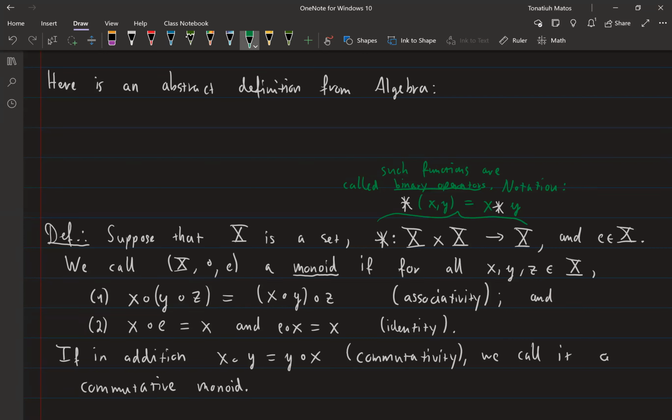I am also going to fix some fixed element E in X, a distinguished element, and I will tell you why it is distinguished, what makes this element special. Then this structure, the set X with this binary operation that I just defined, and this element E is called a monoid if the following three things hold, which I'm sure you've seen mentioned before.